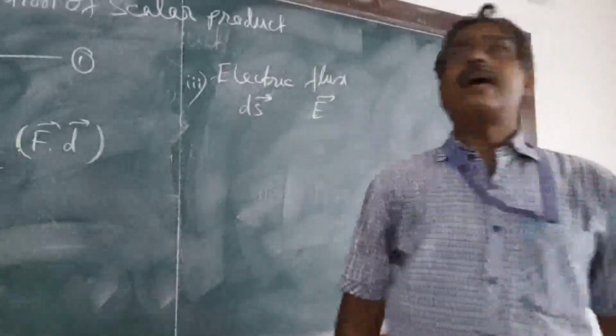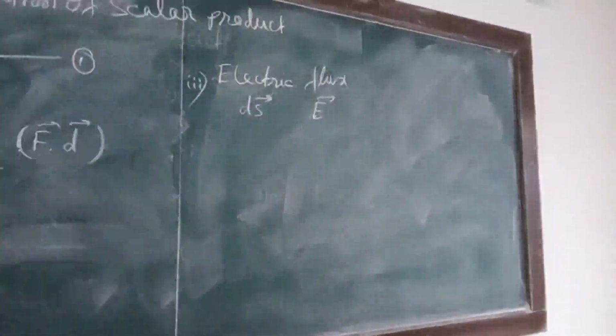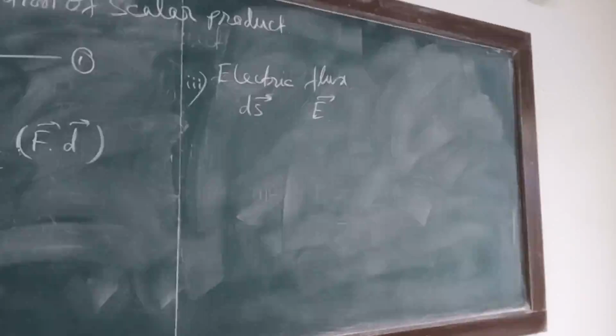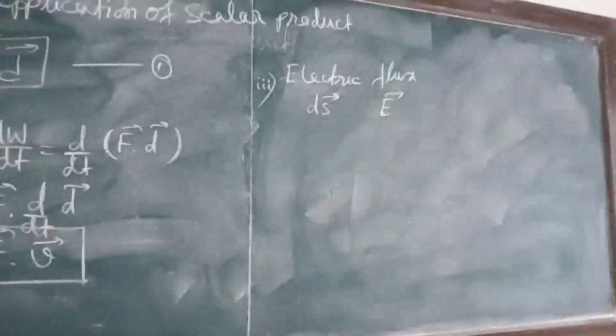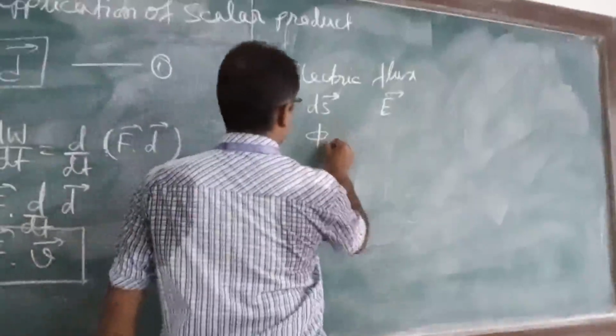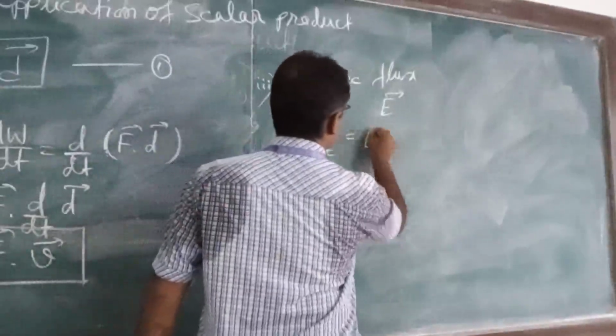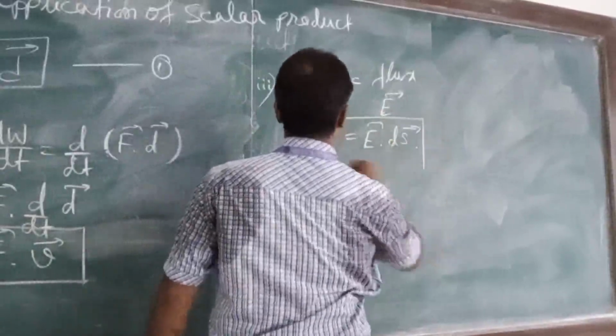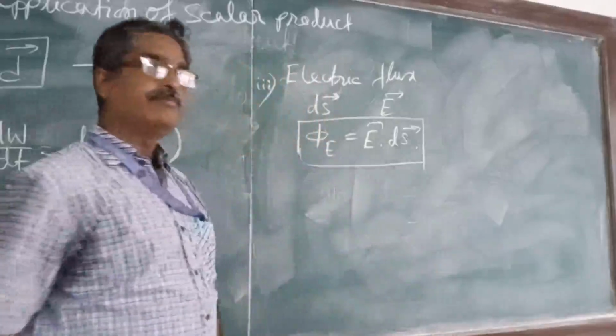Then the electric flux is given by phi E equals E dot ds. So we can find out the flux with the help of the dot product.